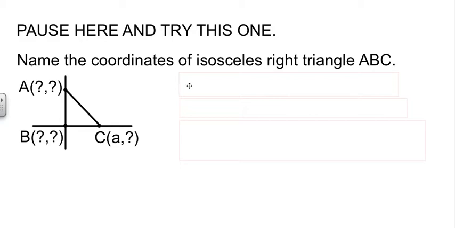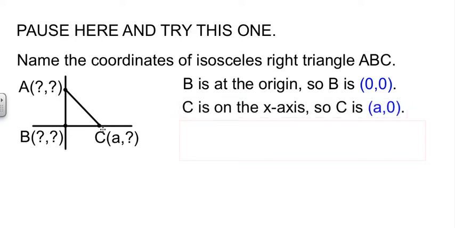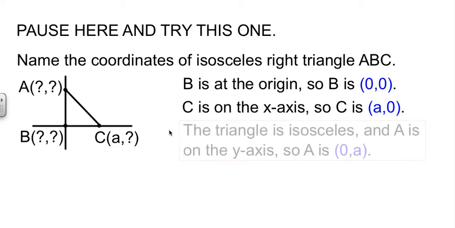Okay. Again, I'm sure you picked up that B is the origin, so the coordinates for B are 0, 0. The coordinates for C are easy enough to pick up because it's on the x-axis, so it would be A, 0. Now here's the part that some of you may have missed.